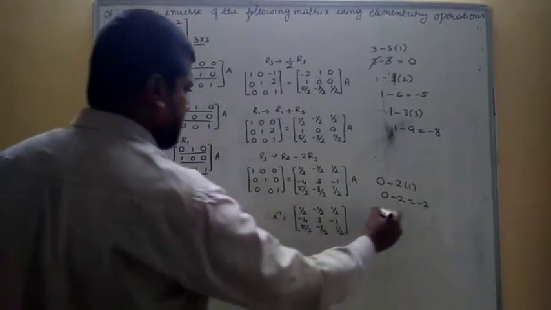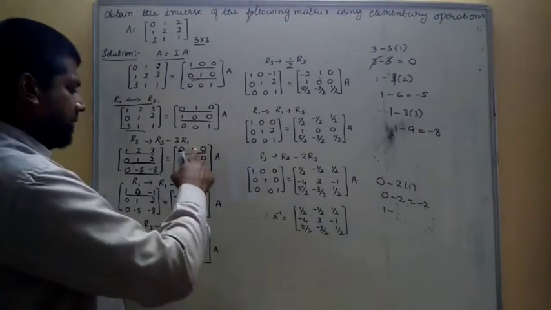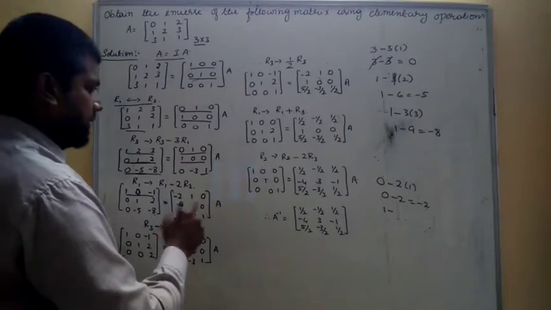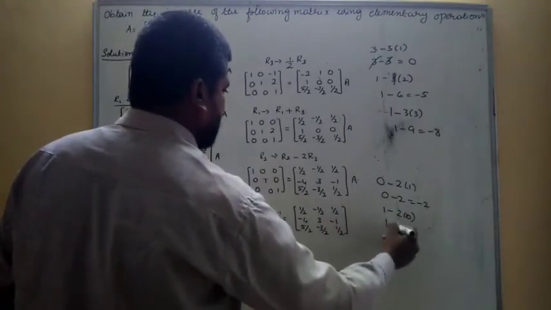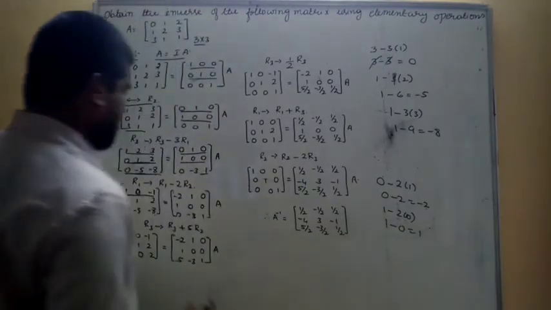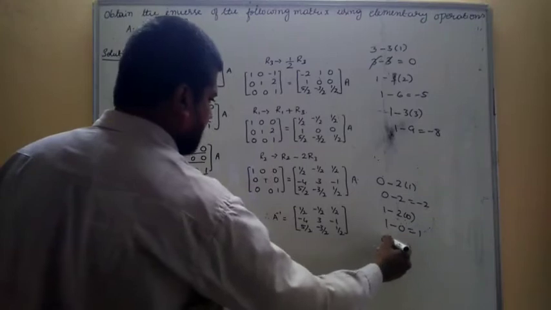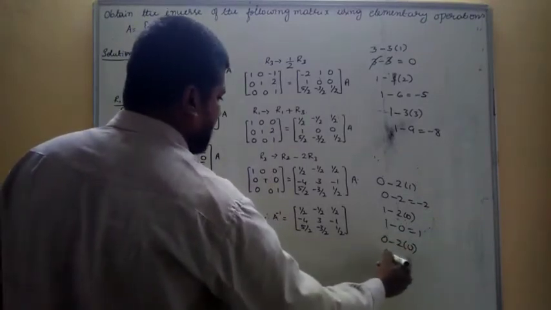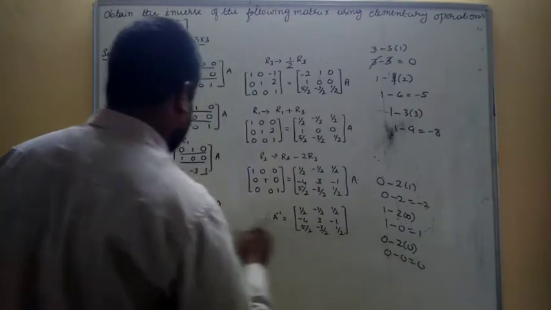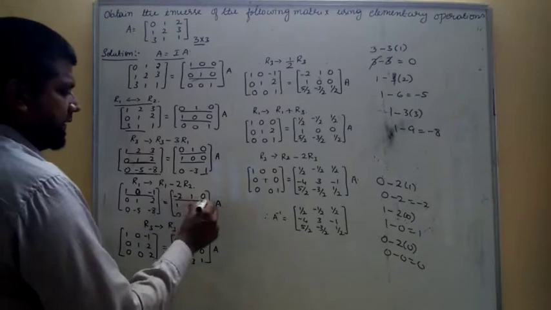Again 1 minus 2 into 0. 1 minus 0, then 1. You got here 1. Again next element is 0 minus 2 into 0. Then 0 minus 0 is 0. So we have changed the minus 2, 1, 0 as in the first row.